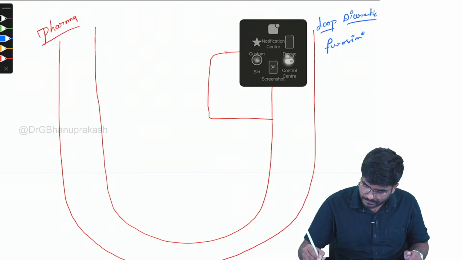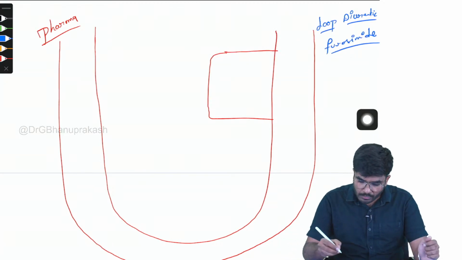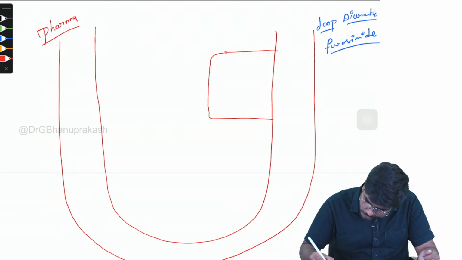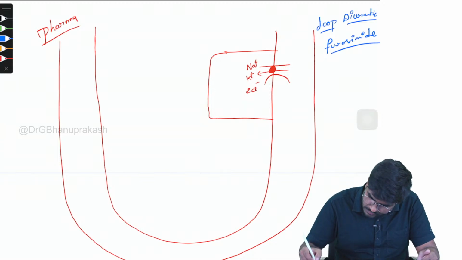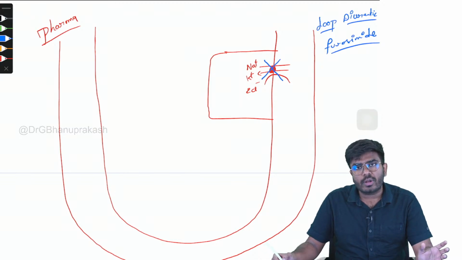We all know furosemide inhibits the sodium, potassium, 2-chloride symporter. This furosemide will come and inhibit the sodium, potassium, 2-chloride symporter.